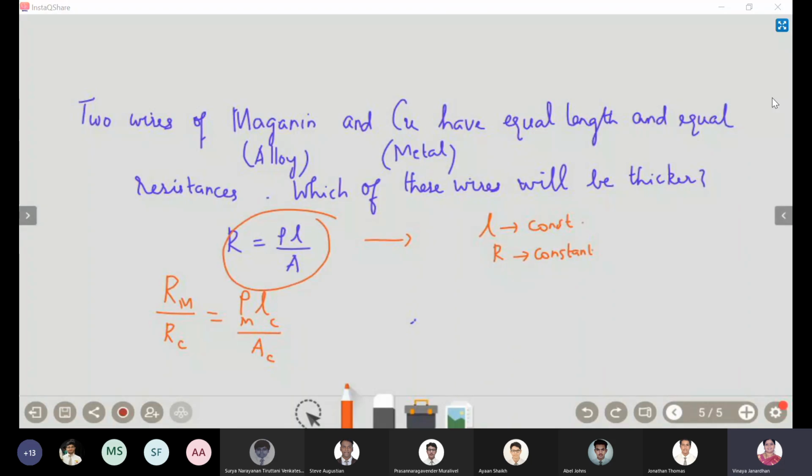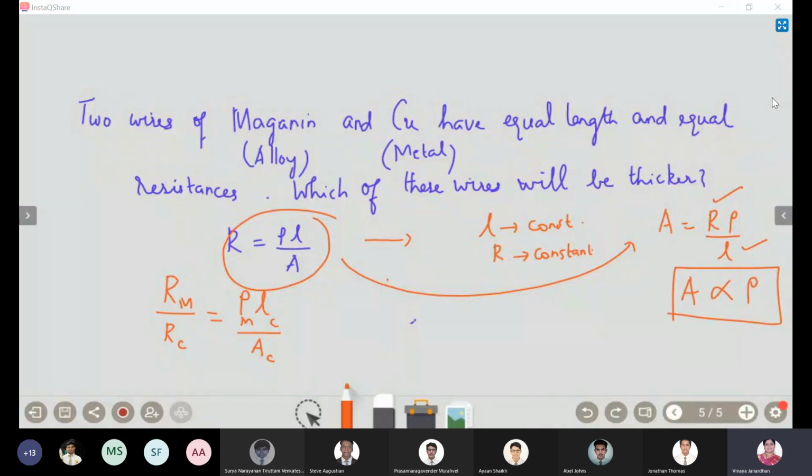Since they want the thickness, A is equal to R rho by L. Which is a constant? L is a constant, R is a constant. A is directly proportional to rho. You can go this way also.